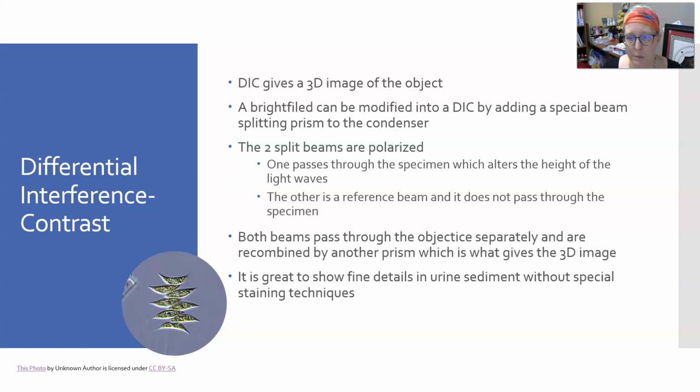One passes through the specimen, and that alters the height of the light waves. The other is a reference beam, and it does not pass through the specimen, but then both beams pass through the objective lens separately and are recombined by another prism, which is what gives it the 3D image quality. So this is great to show fine details in urine sediments without using any kind of special staining.